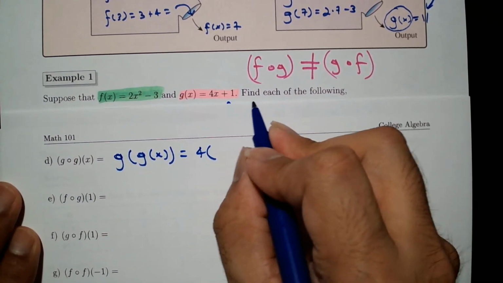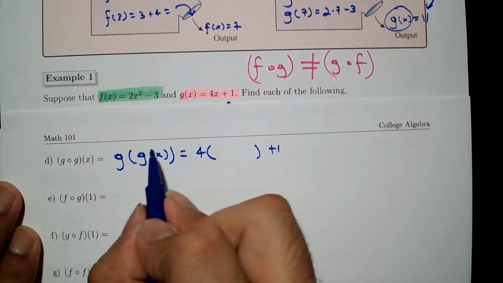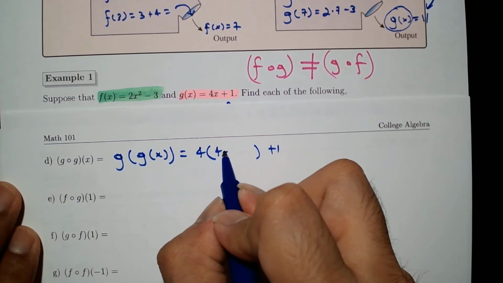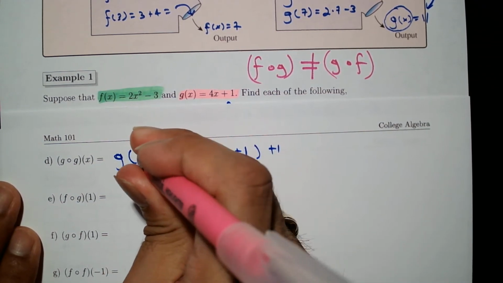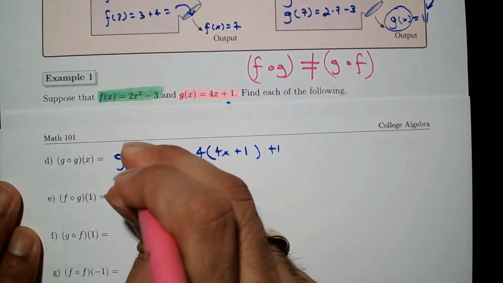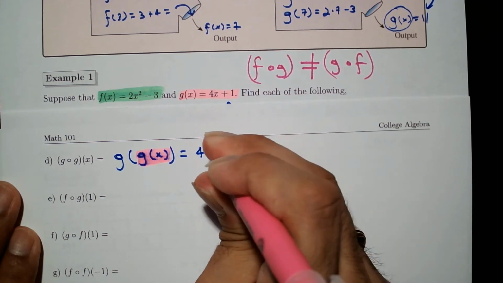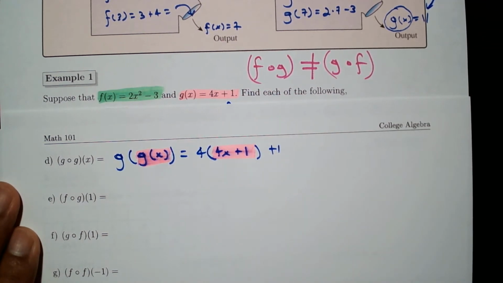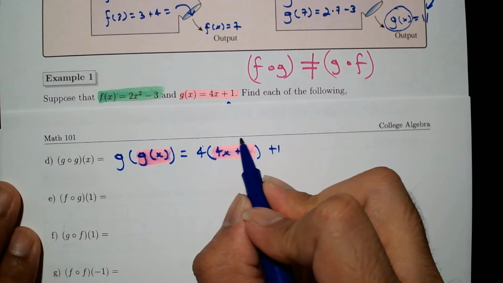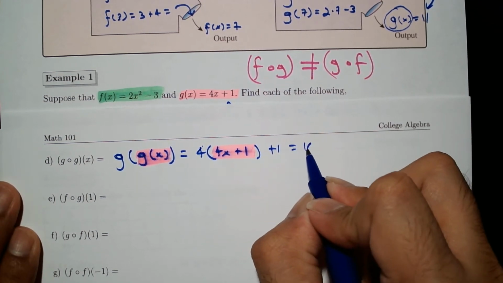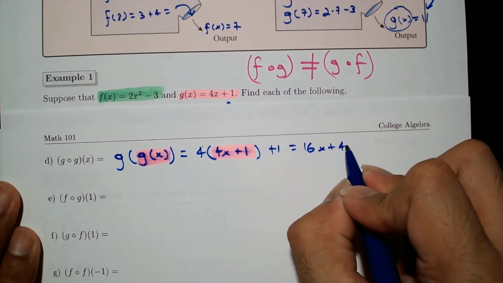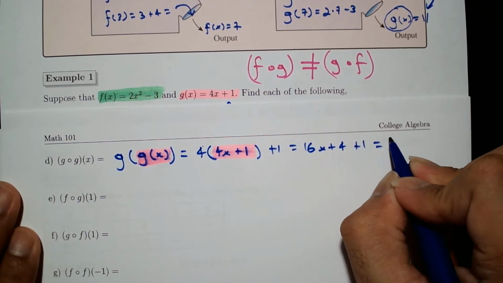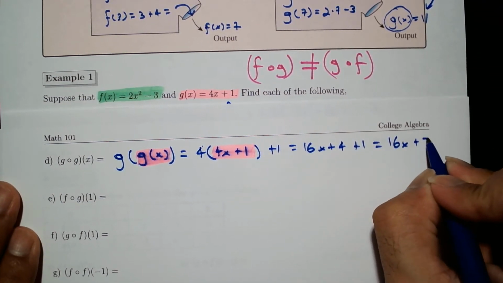I'm going to open parentheses and then plus 1, and then I'm going to evaluate it at itself for x plus 1. Which in this case, what we do is highlight what we're going to evaluate and then distribute the 4, that is 16x, plus 4 plus 1, which equals 16x plus 5.